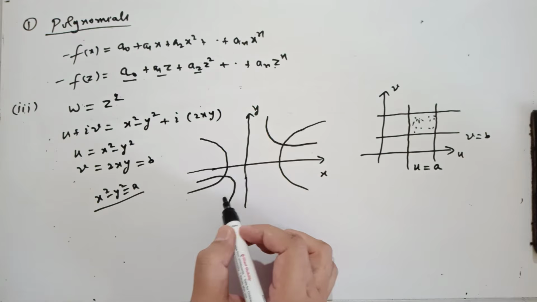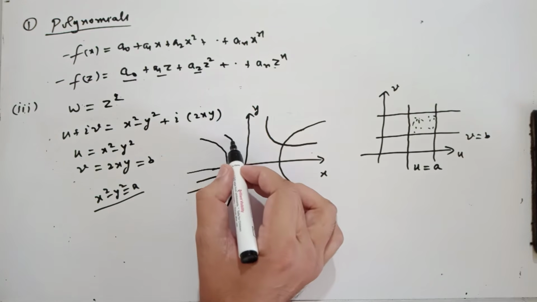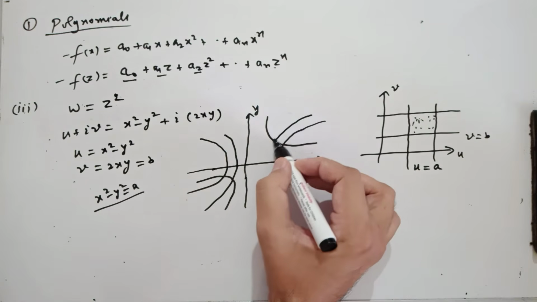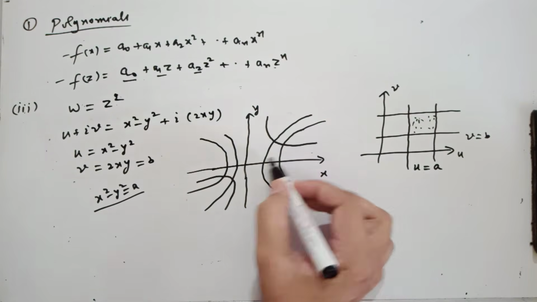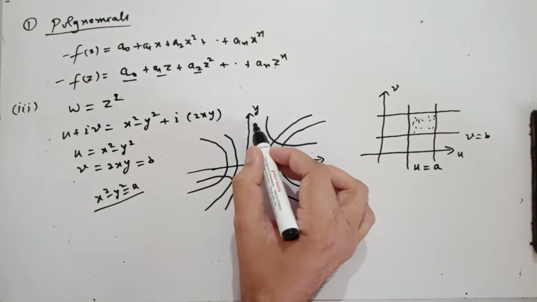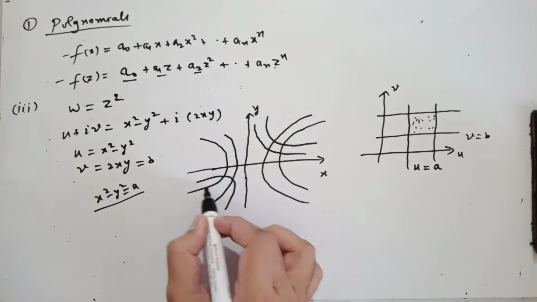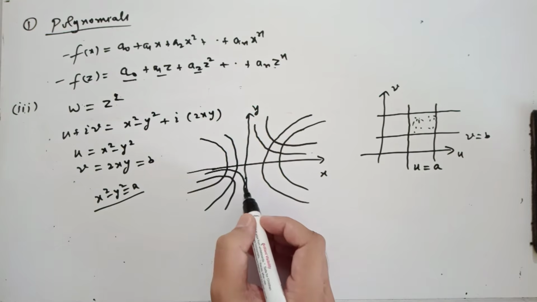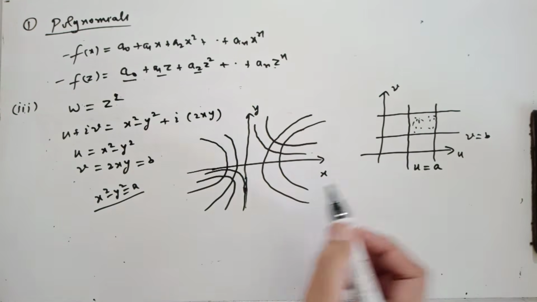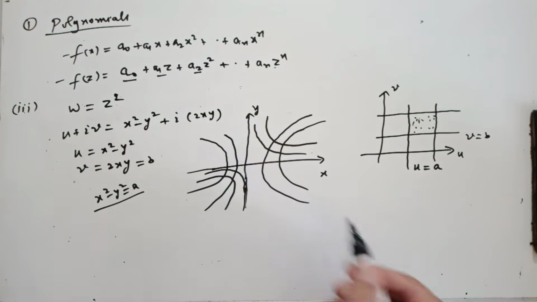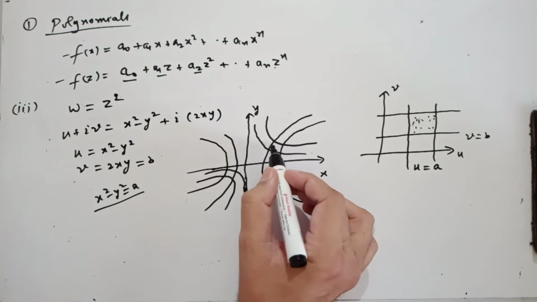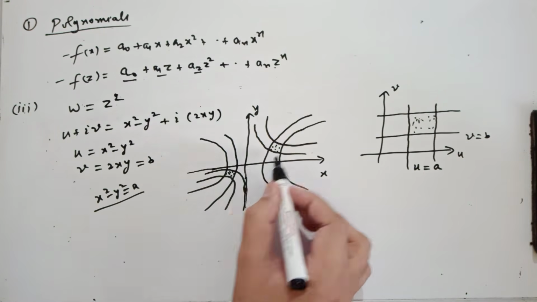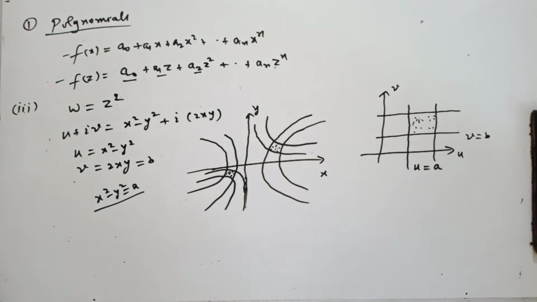Make another hyperbola here also, and another hyperbola here. Now can you imagine which region in the xy plane this common region corresponds to? So these regions correspond to this rectangular region.